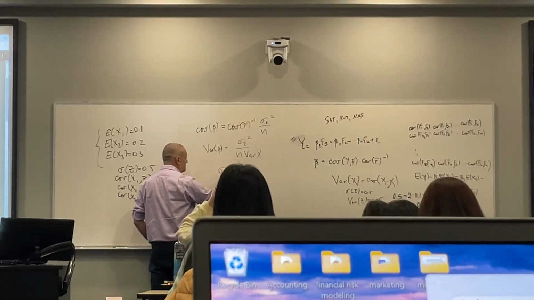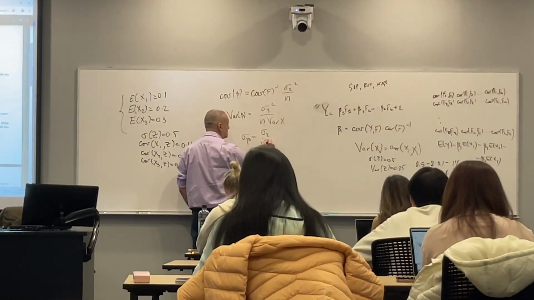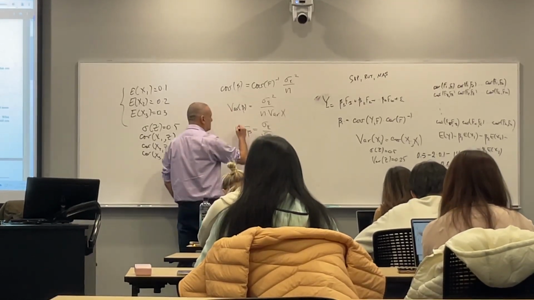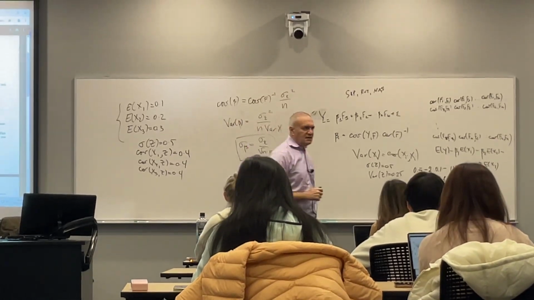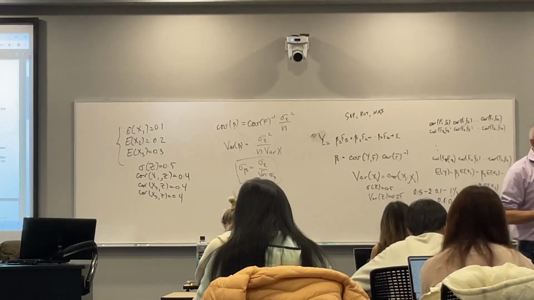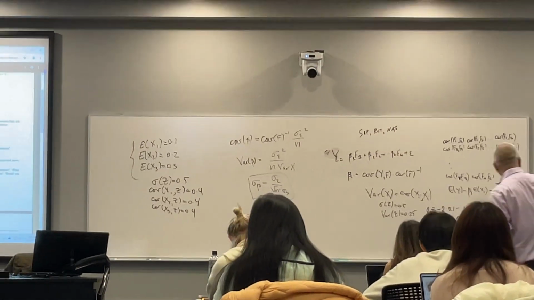In other words, sigma beta equals sigma epsilon divided by the square root of n times sigma x. That's exactly the formula, right, that I gave you last time. What I'm doing now is generalizing this formula. Okay, now you can take it from here.